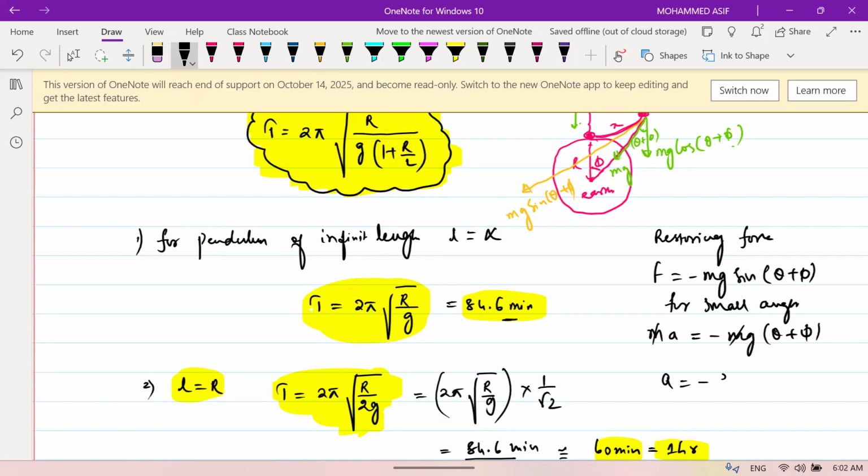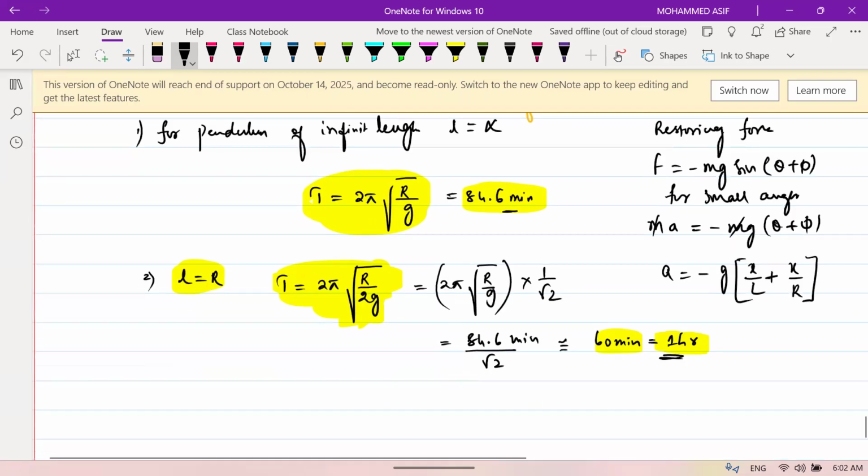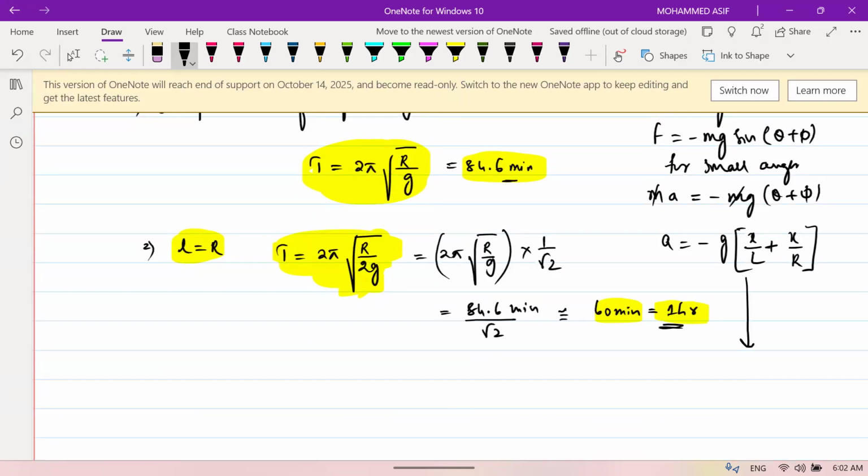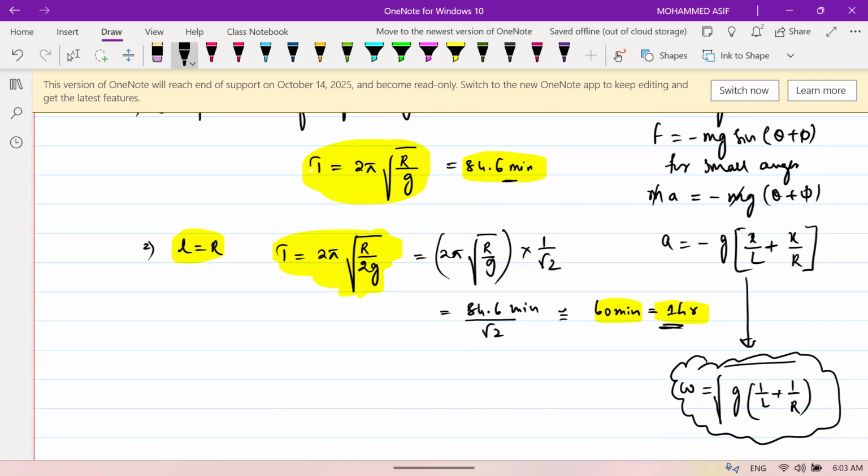Acceleration a is equal to minus g times theta plus phi, where from the problem theta equals x divided by L and phi equals x divided by capital R. Comparing with the standard equation, I get the angular frequency omega, equal to under root of g times 1 by L plus 1 by R, taking x as common. This is your omega. Once I know the value of omega, I can calculate the time period.